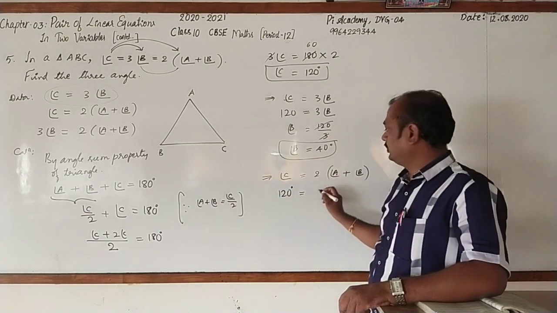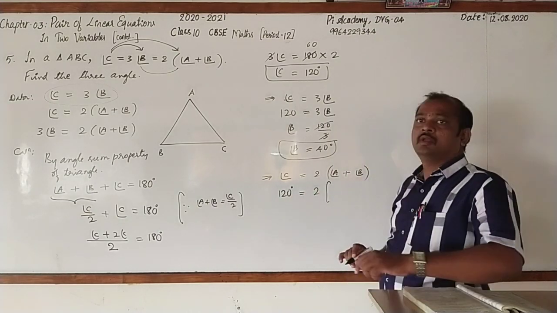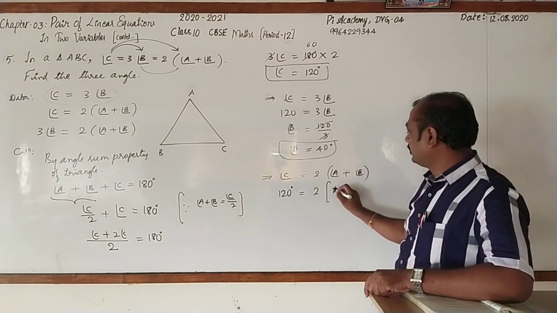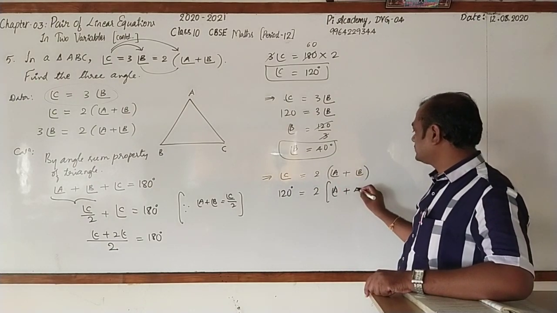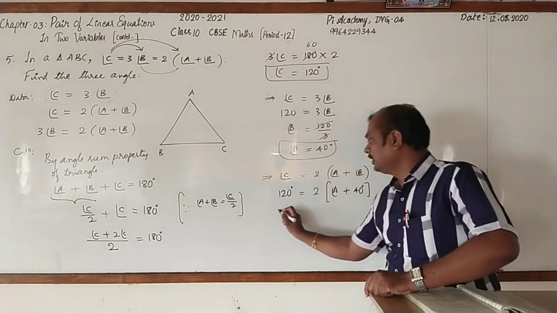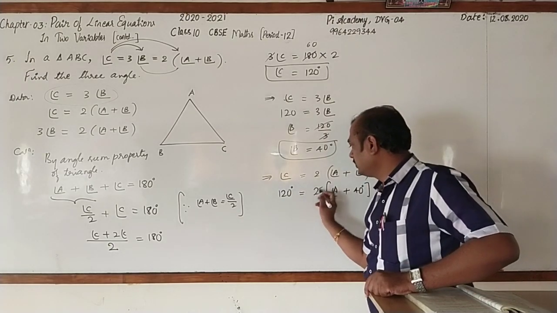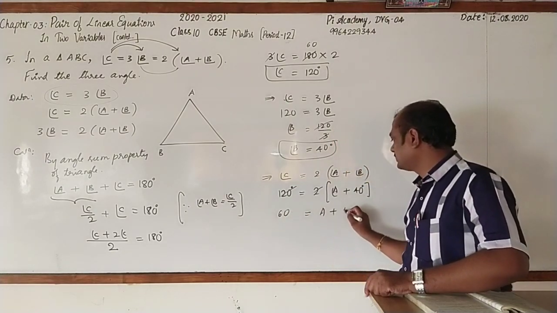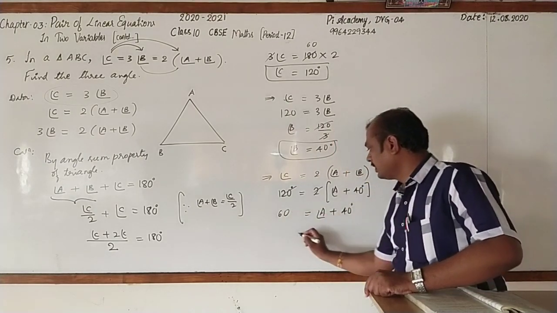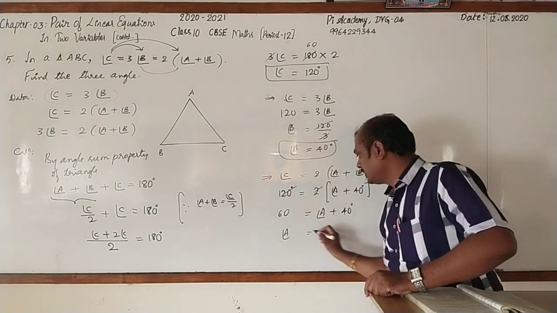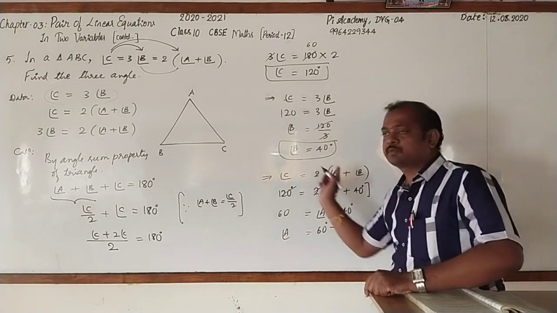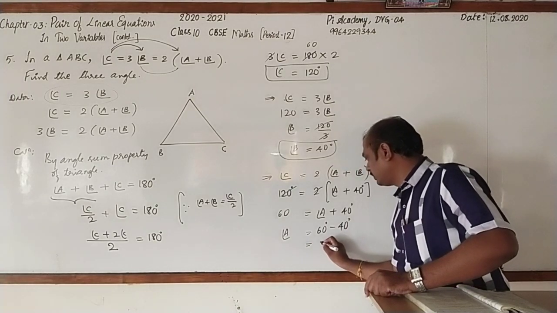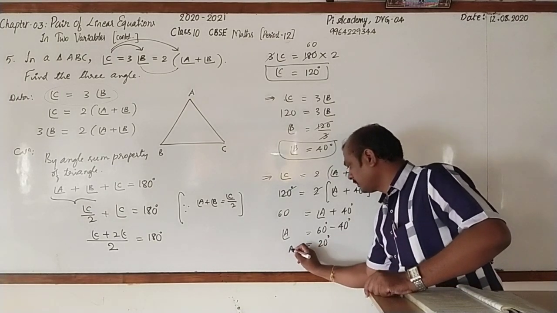It is equal to 2 times, what is angle A? Angle A is unknown, whereas angle B is 40 degrees. Now cancel it. 60 is equal to A plus 40 degrees. Now angle A is equal to 60 degrees. Transfer 40 to the left hand side, it becomes minus 40 degrees. It is equal to 20 degrees.